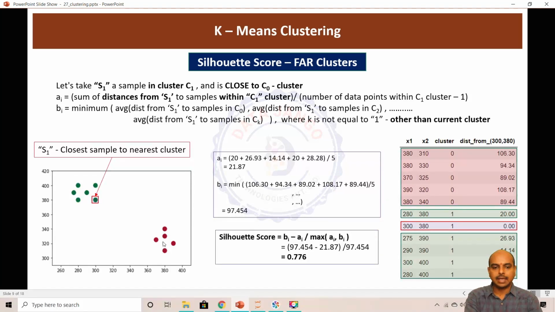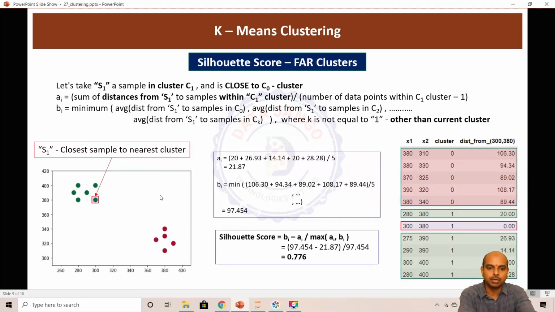And what is bi? The average distance between this data point, whatever current data point for which we are calculating the silhouette score, and the other data points in the closest cluster. We need to remember that: closest cluster. How do you know which is the closest cluster? The formula is like this: the minimum of the average distance of the first cluster, the average distance of the second cluster, the average distance of the third cluster.